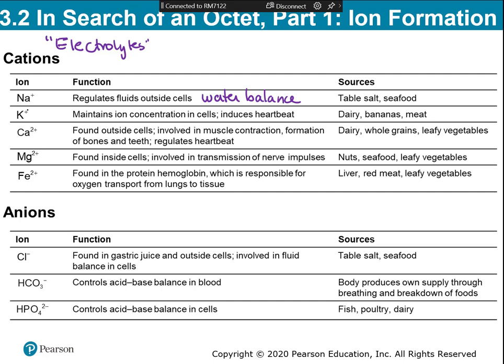Okay. So potassium really has a function in terms of nerves. But what it does is it can stimulate irregular muscle contraction. So that can actually lead to leg cramps.